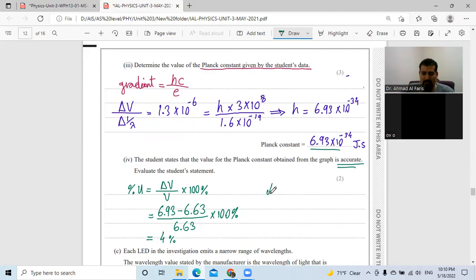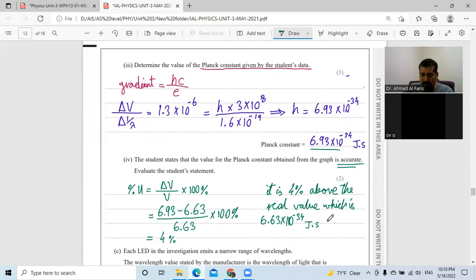So you can say it is 4% above the real value, which is 6.63 times 10 to the power of negative 34 joule second. Joule dot second, sorry.